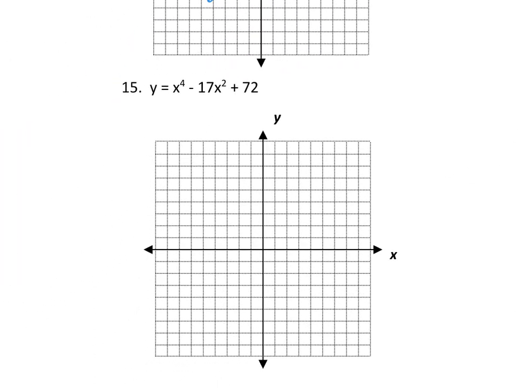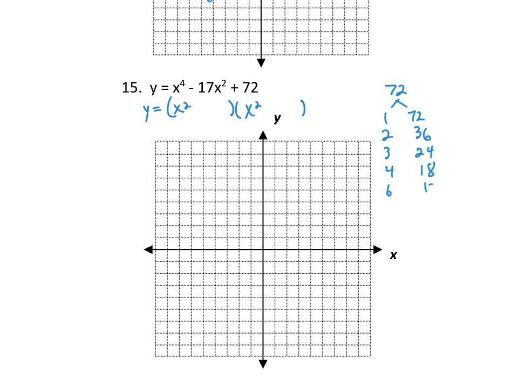Okay, this one's factorable, I hope. It'll be x squared and x squared. And then we're looking at factors of 72. So 1 and 72, 2 and 36, 3 and 24, 4 and 18. 72's got a bunch. 5, no. 6, I think so.